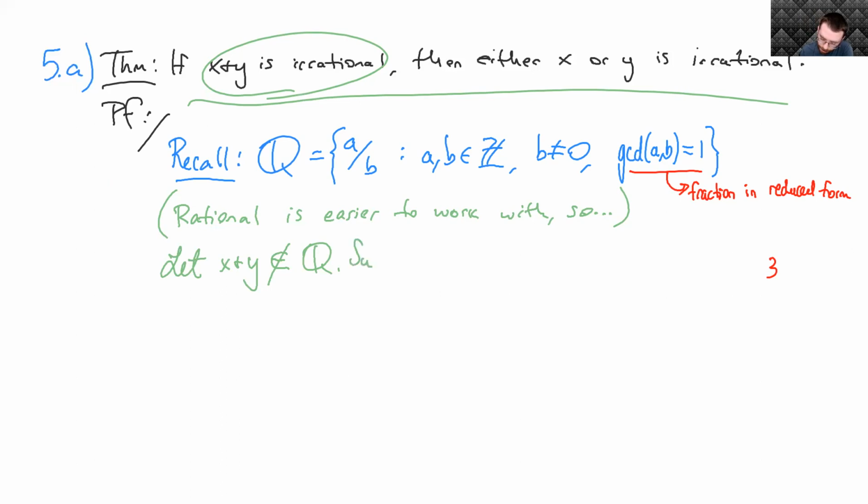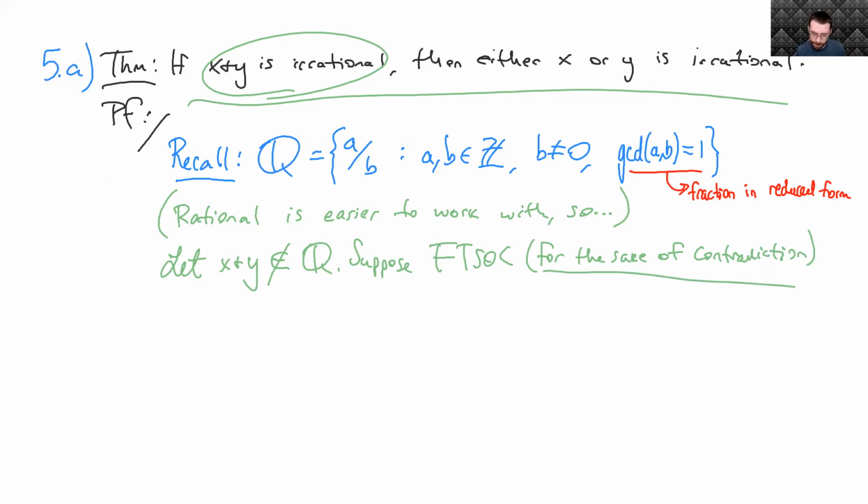And then suppose, for the sake of contradiction, so that's my shorthand. Not everybody uses that, by the way. So it's probably better for you guys to write that whole phrase out.